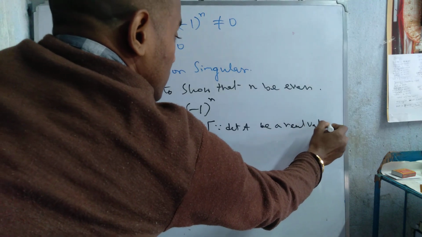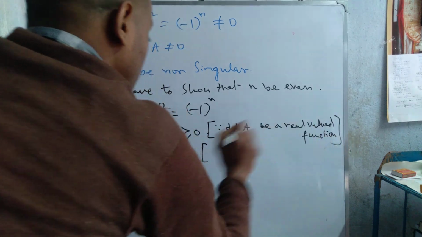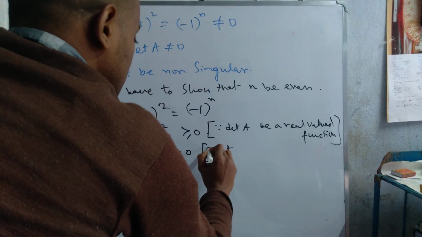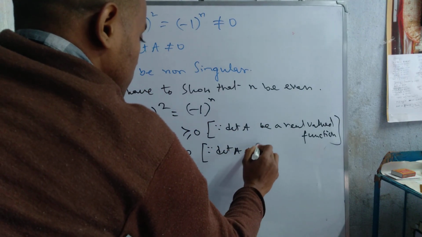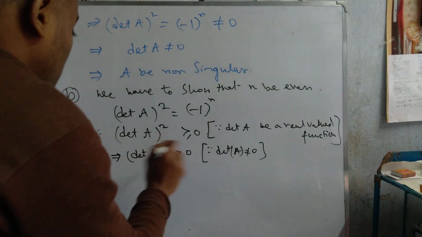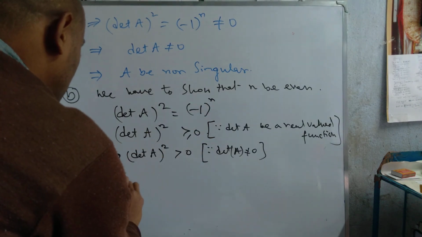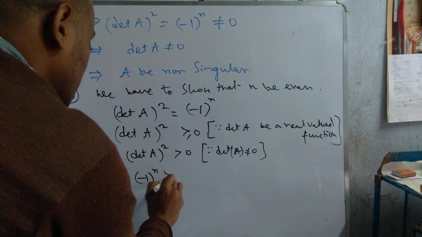Here we write that det A is a real valued function, and that since det A not equal to 0, this implies that minus 1 whole to the power n is greater than 0.